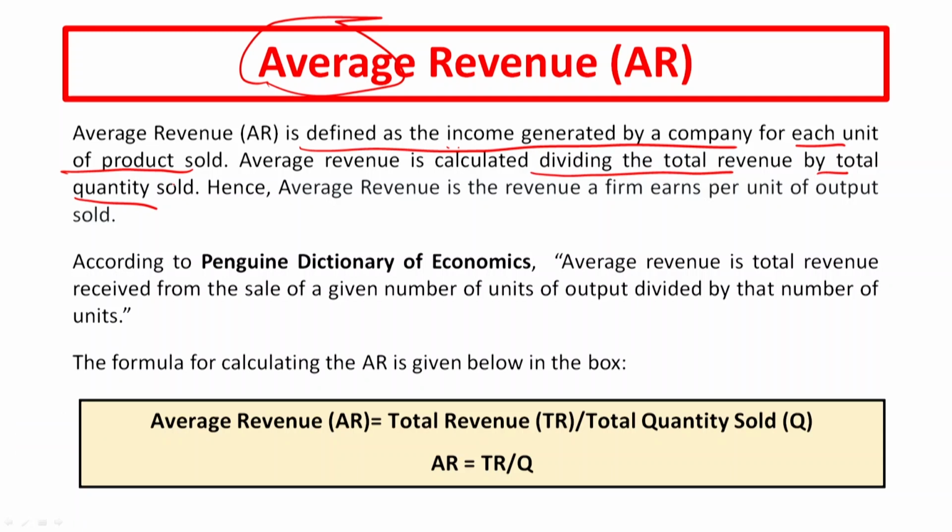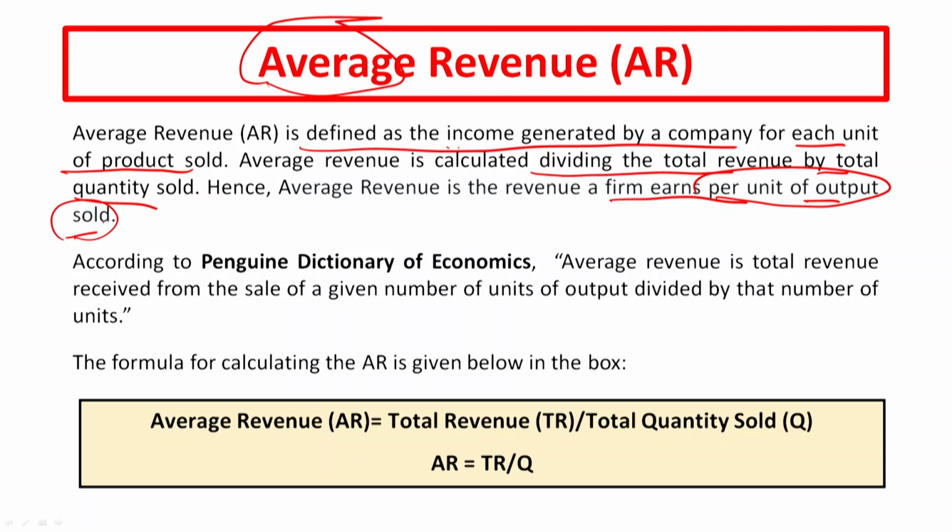Hence, average revenue is the revenue of the firm which it earns per unit of output being sold. I am repeating, this is a very important point to be understood, that average revenue is the revenue which the firm earns per unit of output sold. Here we are talking of per unit of output.